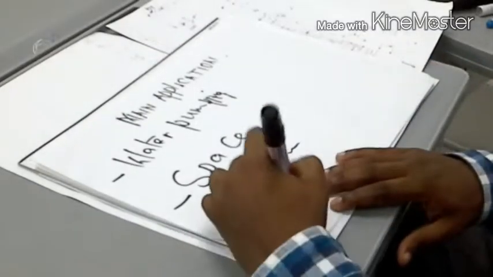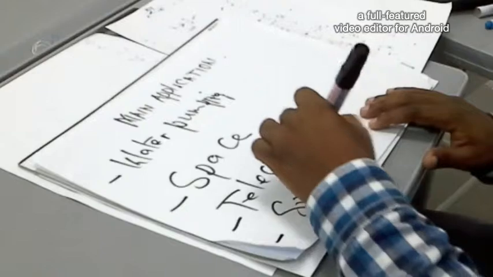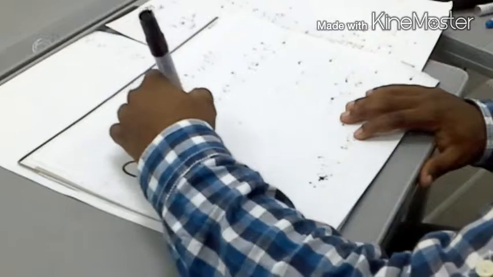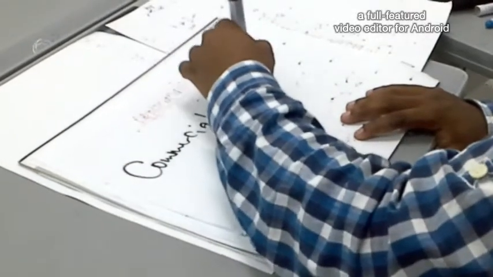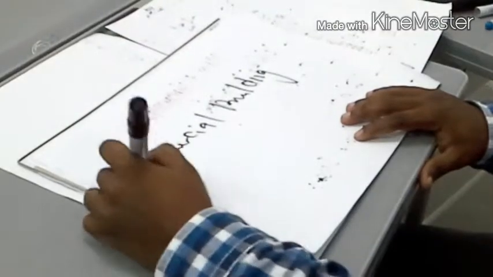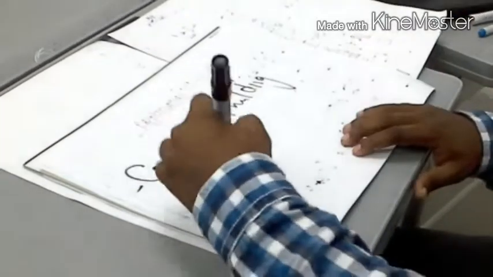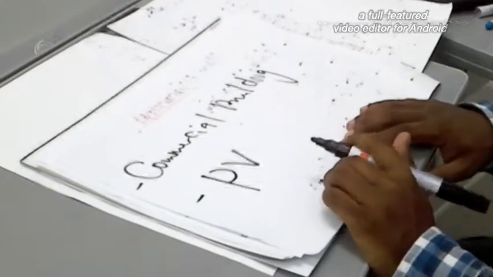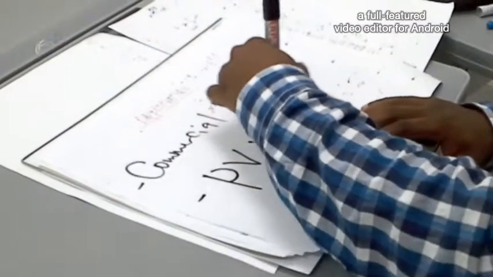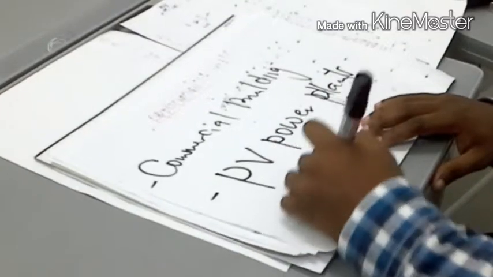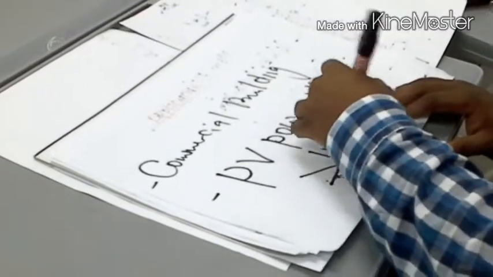We can also use them in houses, as solar home systems, and in commercial buildings. We can also have a PV, photovoltaic power plant, that can generate more than 100 kilowatts.